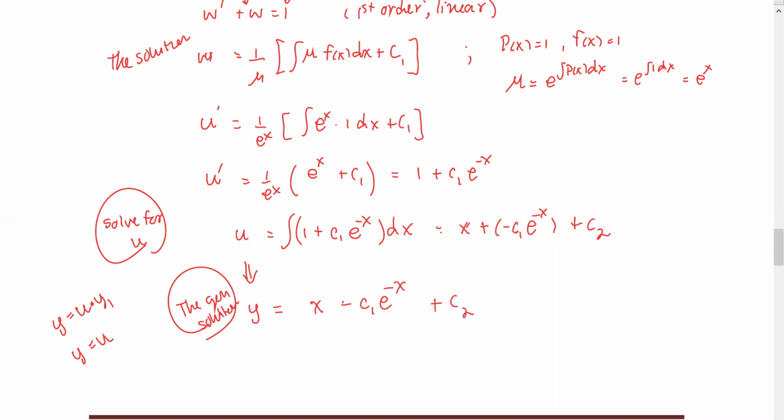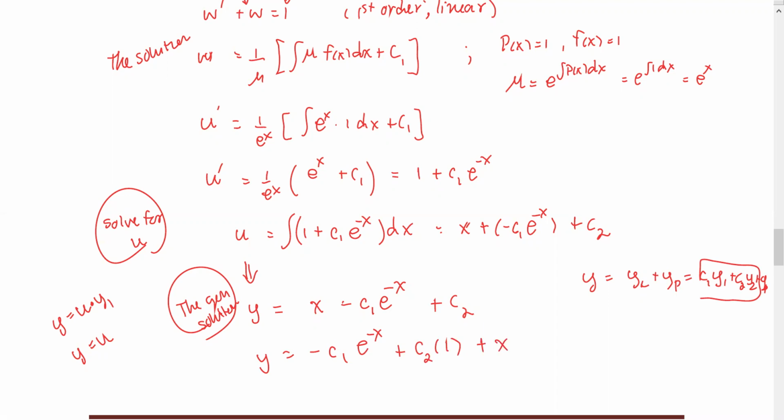In the pattern of the solution of the non-homogeneous equation, y equals yc plus yp, and yc is the linear combination of the first solution and the second solution. So from the solution that we obtained, if we rearrange it, we have negative c1 e to the negative x plus c2 multiplied by 1, and then plus x.